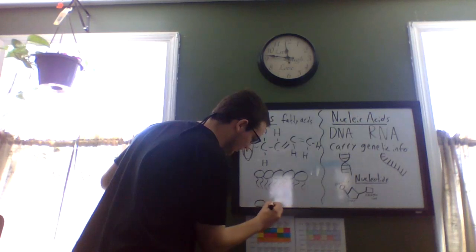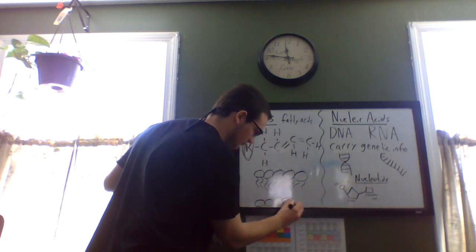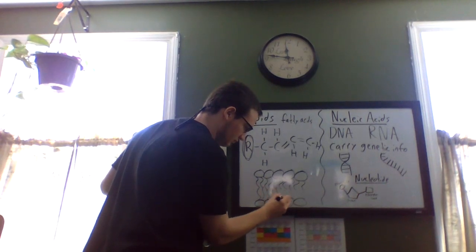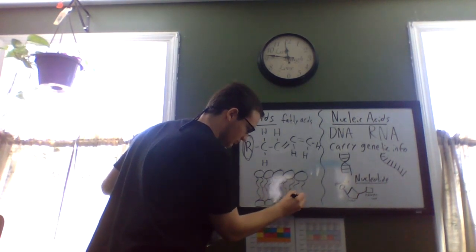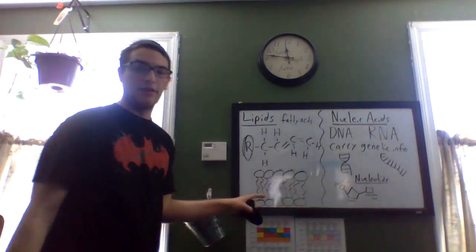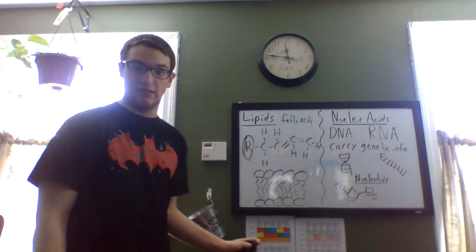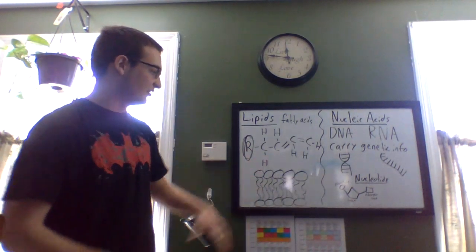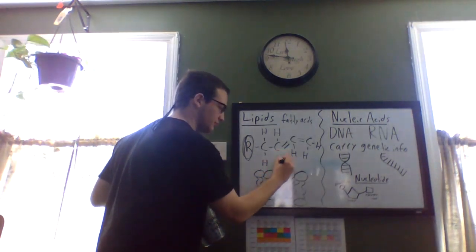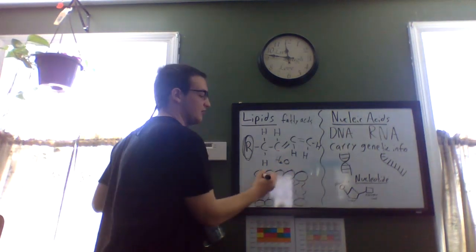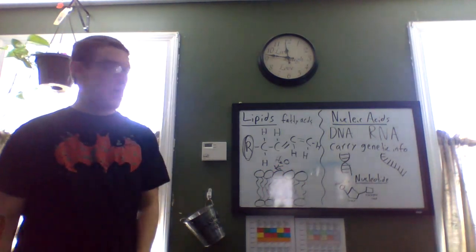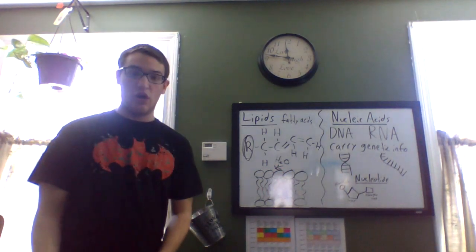And so the same thing happens on the other side. And that's what your cell membrane looks like. It's made up of lipids. And that is how water stays on the outside. Because again, if there's H2O out here, this is hydrophobic. It's not going to get in. It's not going to happen. And so that's all you really need to know about lipids.